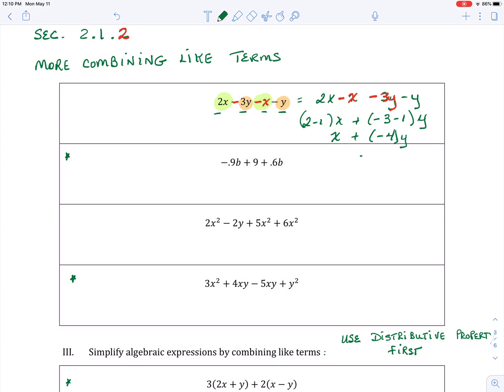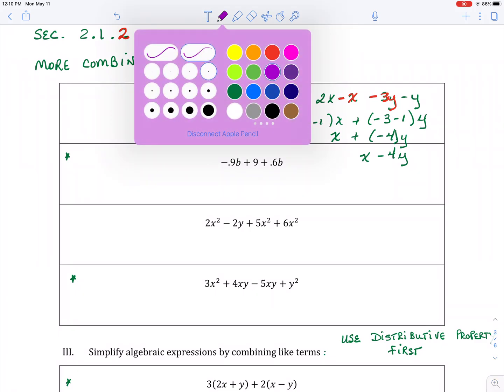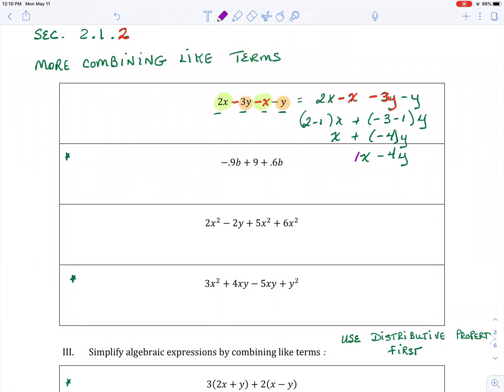So to finish this up, I would have x minus 4y. And again, notice out here in front of this x, there is an understood 1, which is what we got from this 2 minus 1 here.